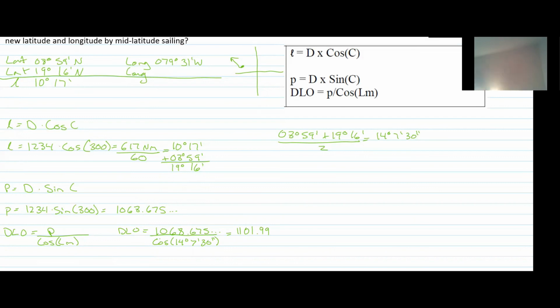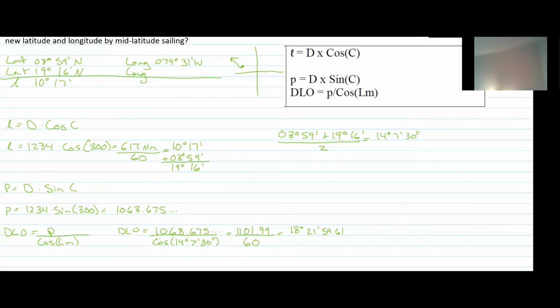You can either divide or multiply by 60, because remember, 1 degree is 60 minutes and 1 nautical mile is 1 minute. Because we're going from nautical miles to minutes, we are going to divide by 60. And this equals 18 degrees, 21 minutes, 59.61 seconds.